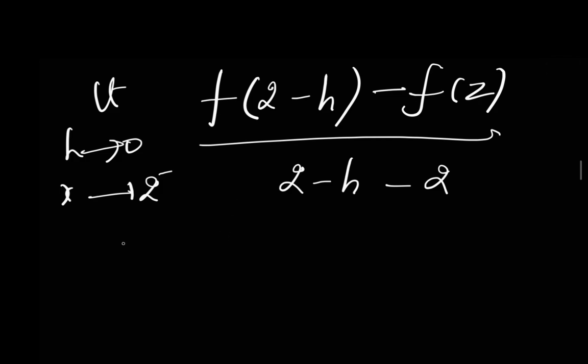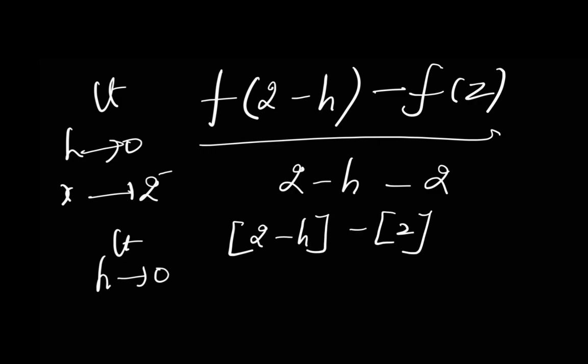So this is limit h tends to 0. You can remove this x limit because there is no x value here. 2 minus h minus 2, the 2 gets cancelled, minus h.